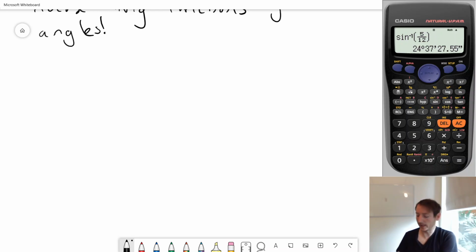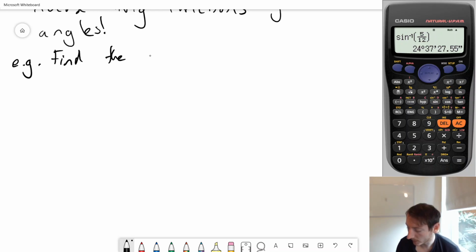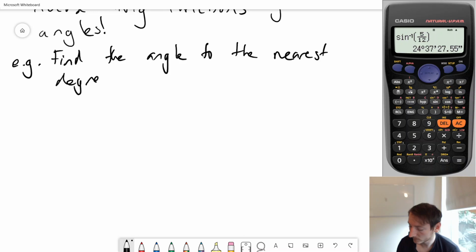Alright, let's have a go at another finding an angle. So find the angle to the nearest degree. Oh, now let's go nearest minute. Why not? Just test out our new button.